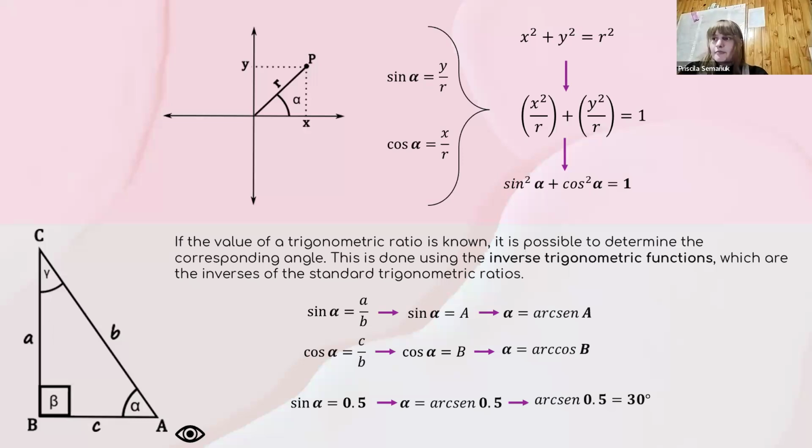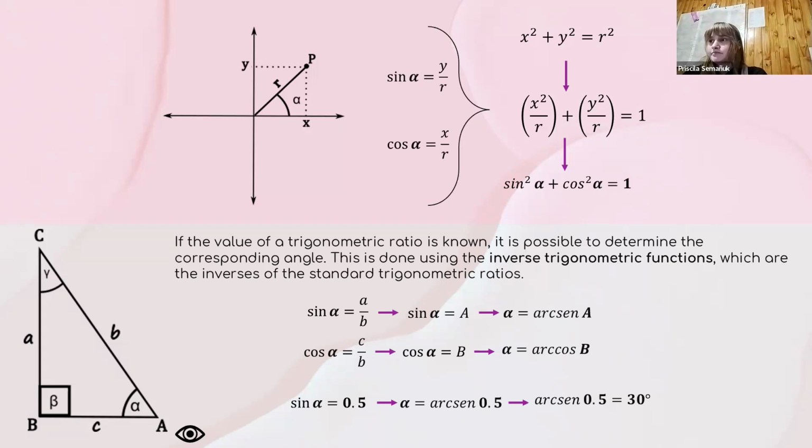Here I have more math, pure math. Basically, I have a Cartesian plane here with r being just a vector. And I have a small angle here that's alpha, okay? This is more for you to know, like we have the Pythagorean formula here: x to the power of 2 plus y to the power of 2 equals r to the power of 2.